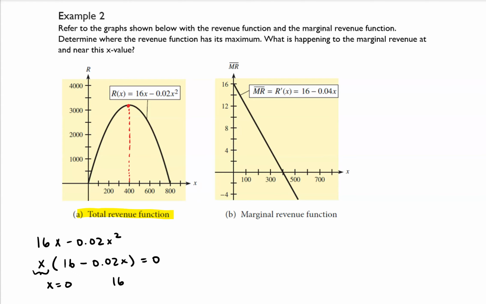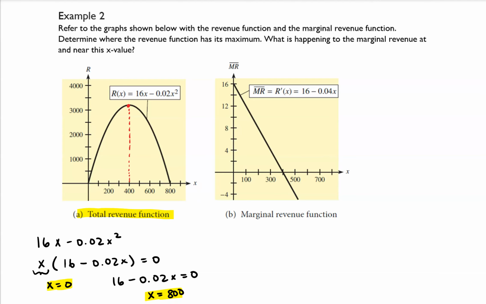And from the other, 16 minus 0.02x is equal to 0, and if we solve that, I would get x equals 800. If you plug in 800, that's going to give you 0. So the vertex is going to happen exactly halfway between 0 and 800, and halfway between 0 and 800 is 400. That's how I could quickly show algebraically that this is in fact 400.